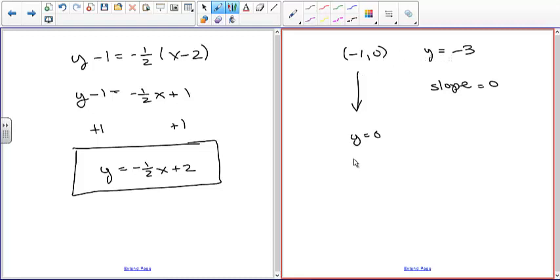Okay. Now, perpendicular: the perpendicular of a horizontal line is, what we would say, undefined, or it's vertical. So this is going to be x equals something instead of y equals something. Vertical line is x equals something. So all we have to do is have x equal the x value of the point. x equals negative 1. That's tricky.